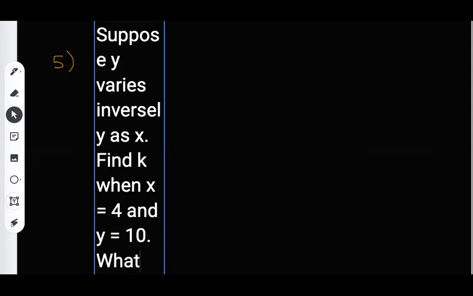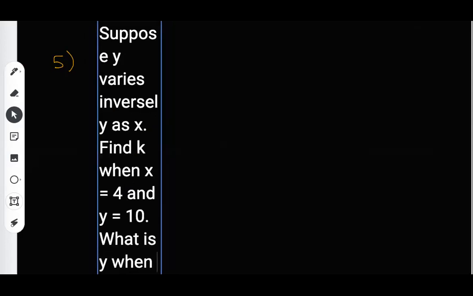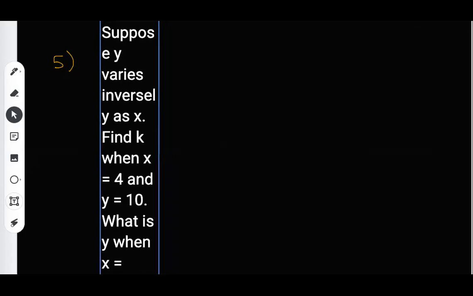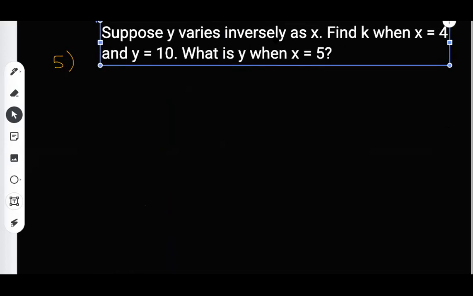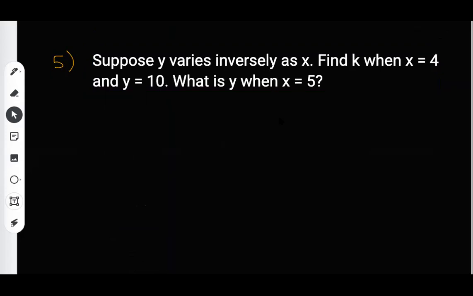What is y when x equals 5? Okay, so this is number 5.